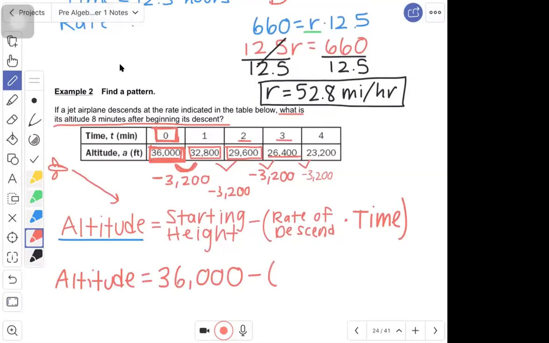So this is like adding. You're going to add whatever you're changing. You're going to add whatever your rate is that it's changing. Our rate here is negative 3,200. And you have to make sure you bring that negative with it because we're going down. And then our time.